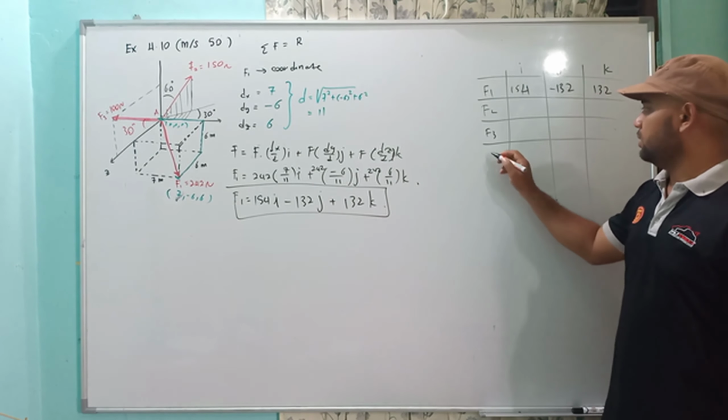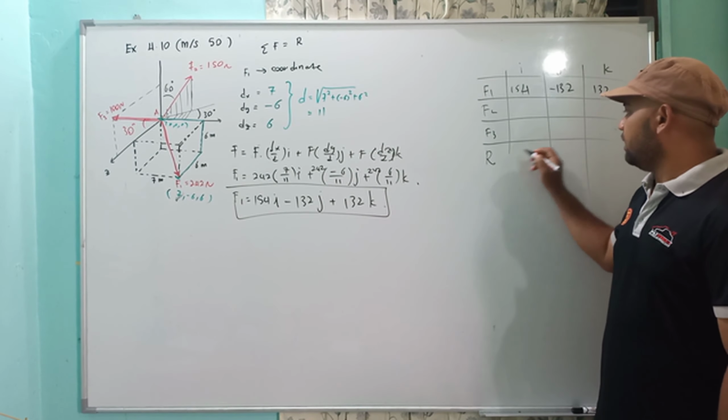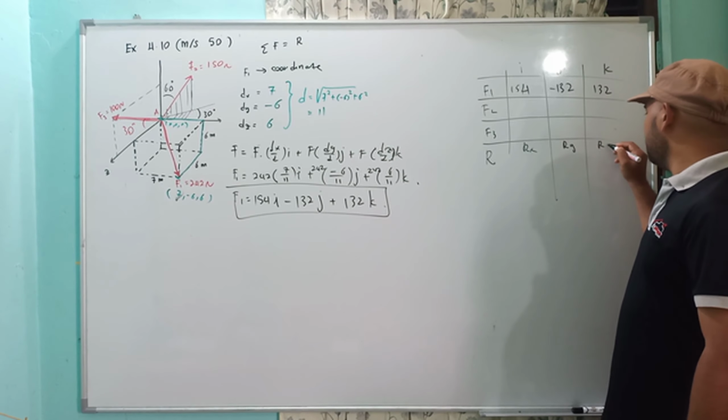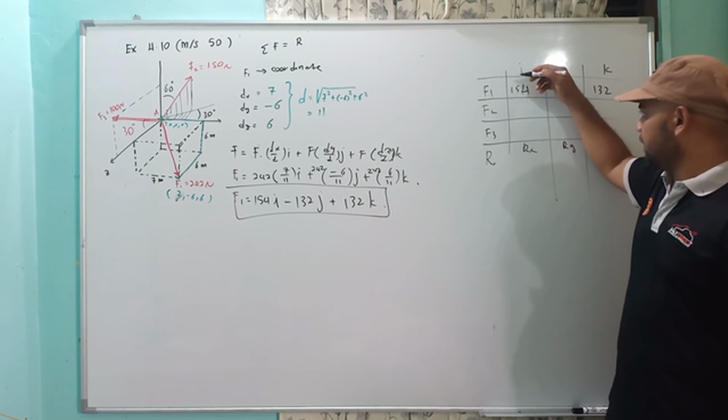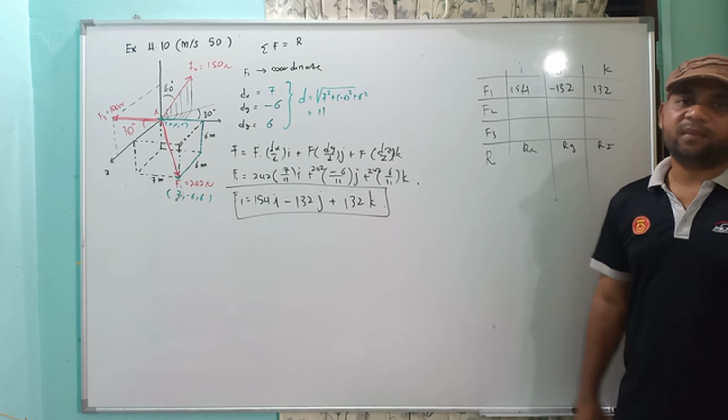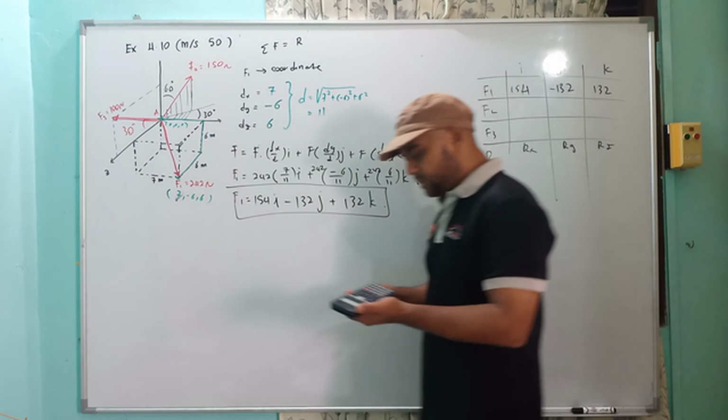Later on, I add up everything to become Rx, Ry and Rz. So the first one is done.